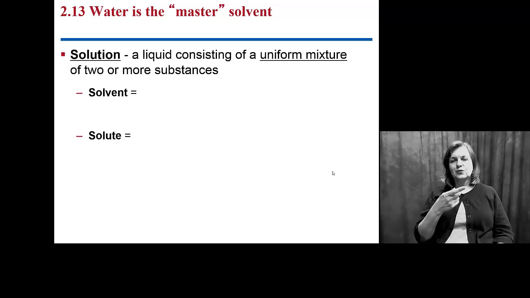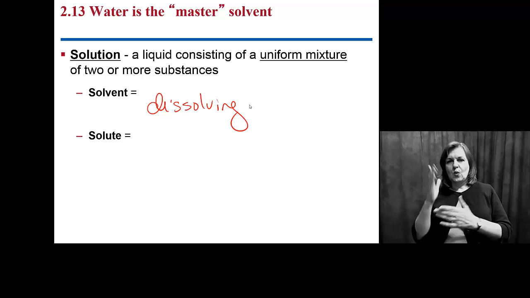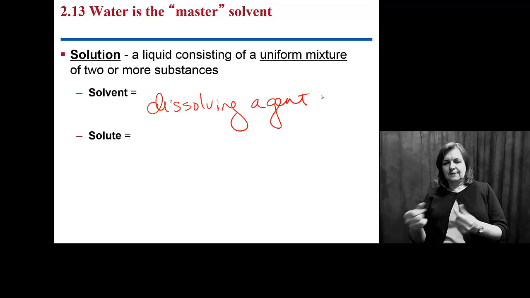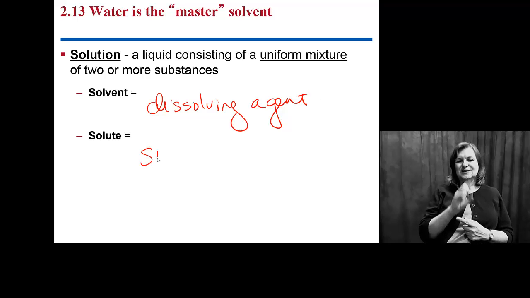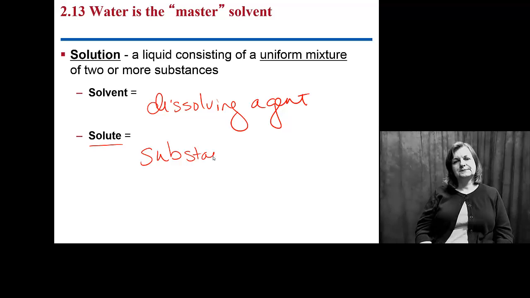I mentioned to you the idea that water is this master solvent. Okay, solvent is what we refer to loosely as the dissolving agent, the thing that's actually doing the dissolving, and the solute is the something or the substance that is actually dissolved.